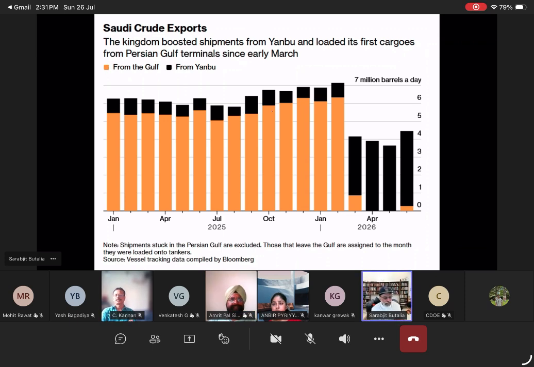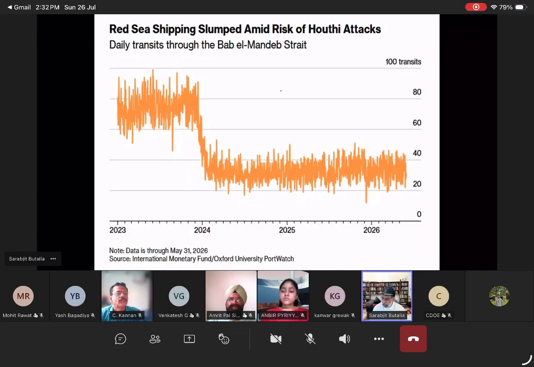Suddenly you'll find delay in the shipment, and that will escalate. In my operational days, I used to pass through this area, and the 90 transits a day have come down to 20 and less.